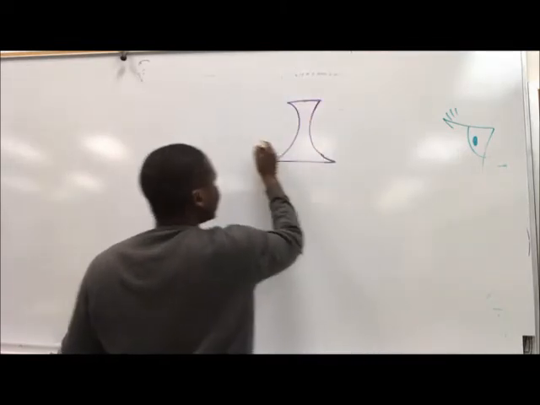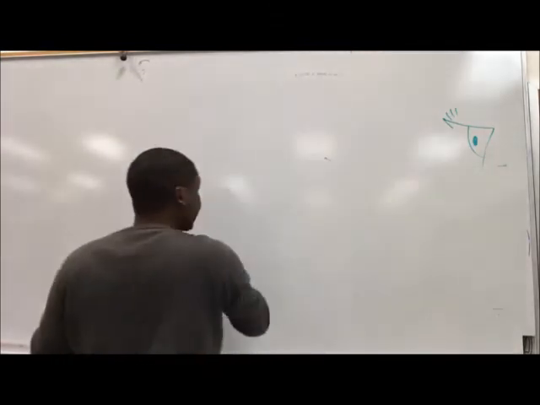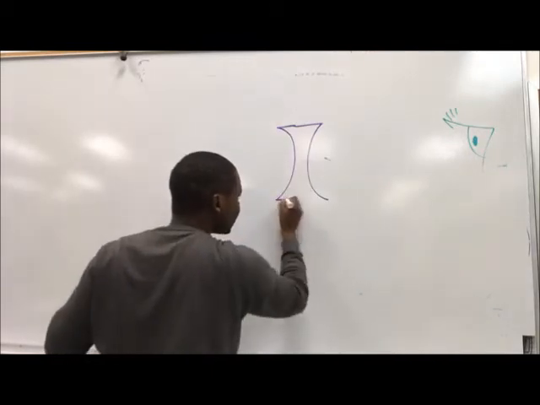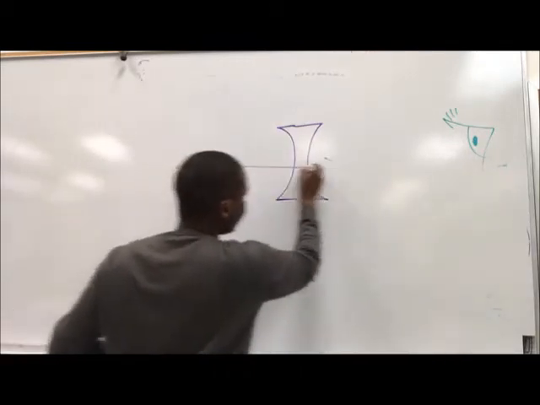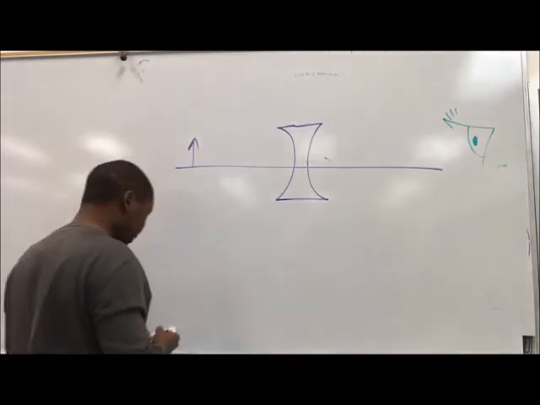That lens is a little bit higher than the position of our observer. So let's put the lens here. Here's the central axis. I put my object here.